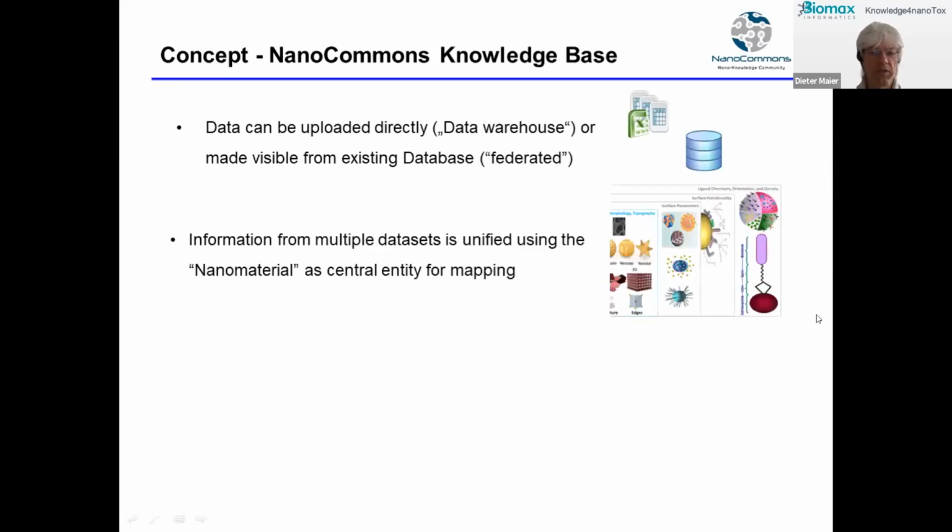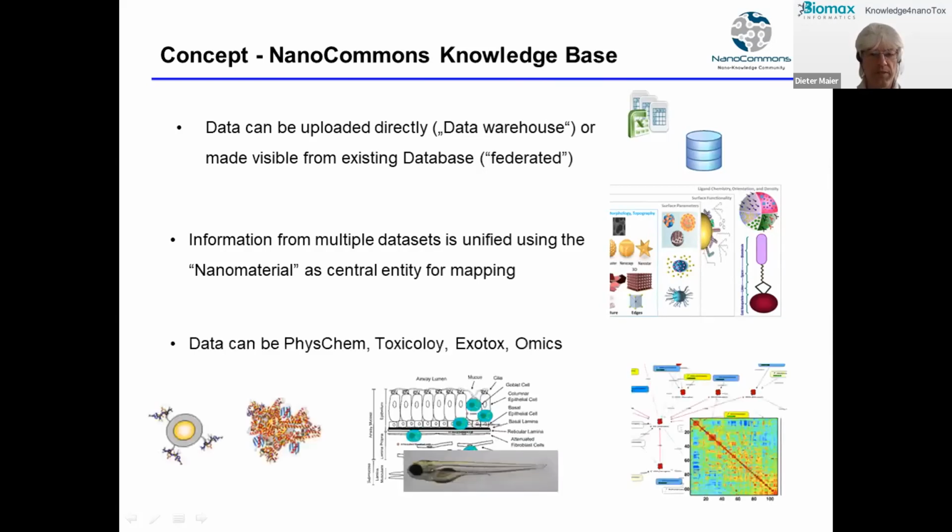The second part is, please keep in mind, that in this case multiple data sets are unified using the nanomaterial as a central entity of mapping. On top of a single nanomaterial, you can have physchem characterization, toxicology data, computational model information, and so on. So it's really going across different data sets.